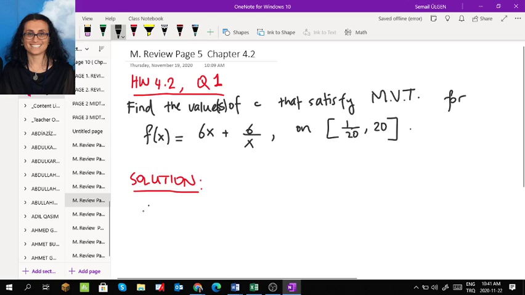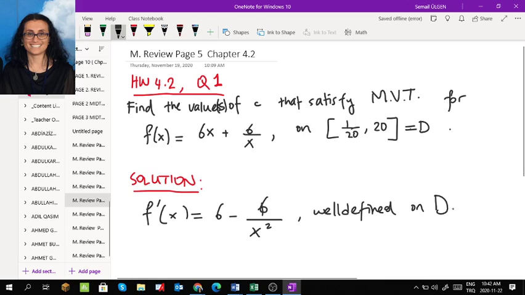That is true, because f prime of x is 6 minus 6 over x squared, and this is well defined on the domain. Let's call this domain D.